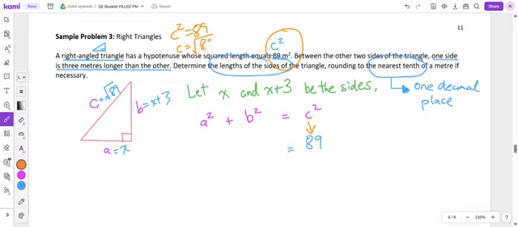I understand that, I just don't understand how C squared is 89, because I thought it was 89 squared. Oh, no. It's not 89 squared. It's saying the squared length already is 89. It's not saying the length squared is 89. So the length is like 9 point something.